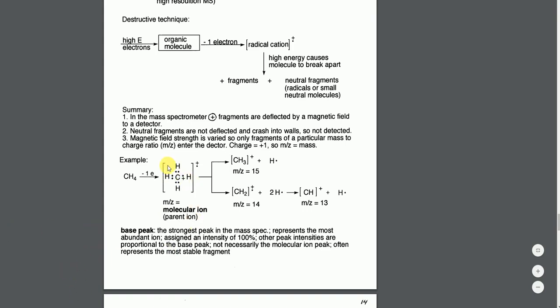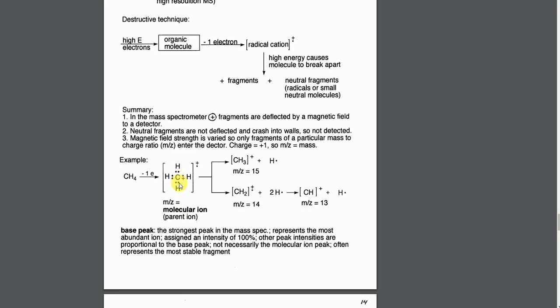It will be the heaviest and most right peak on the graph. It may not be the biggest peak, but it's going to be the heaviest. So this is called the molecular or parent ion.